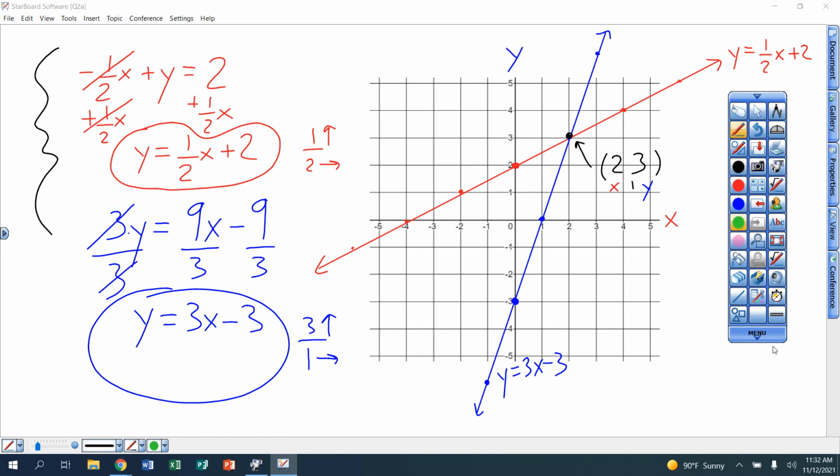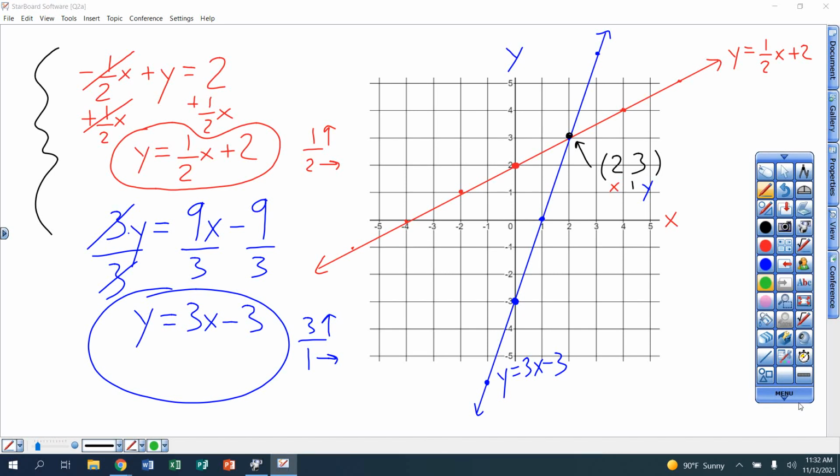When I do my check, that 2 and that 3 should plug in to both x's and y's in both equations. I could plug those into the original equations for x and y, or I could plug into the ones after I've done the math and rearranged it. I'm going to do both and plug in the original.